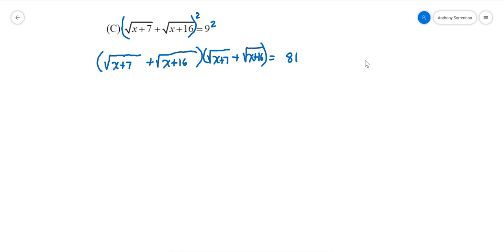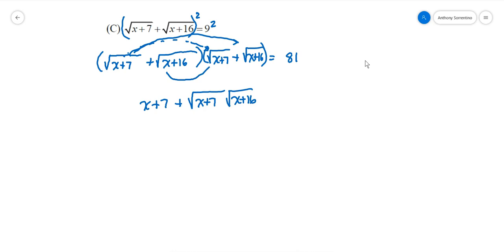And so I'm going to need to multiply those two together. The square root of x plus 7 times the square root of x plus 7 is like squaring a square root, so I'm going to end up with x plus 7. The square root of x plus 7 times the square root of x plus 16 is going to give me plus square root of x plus 7, square root of x plus 16.